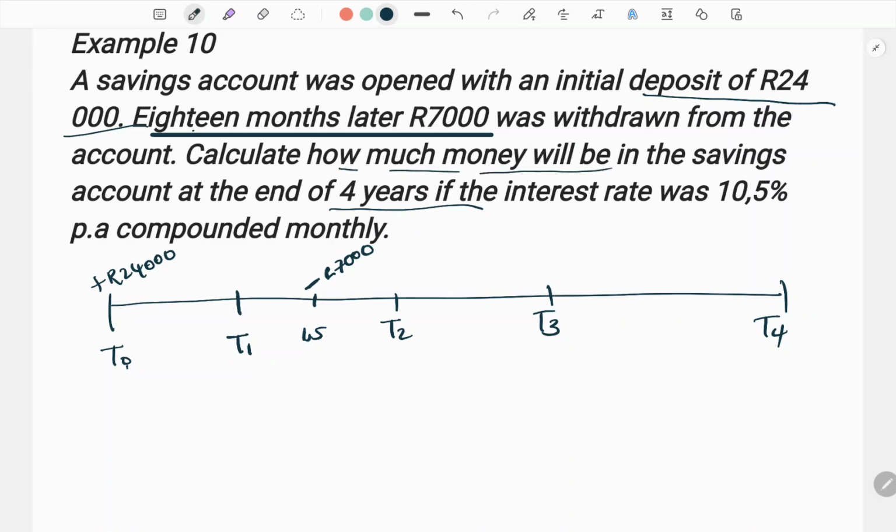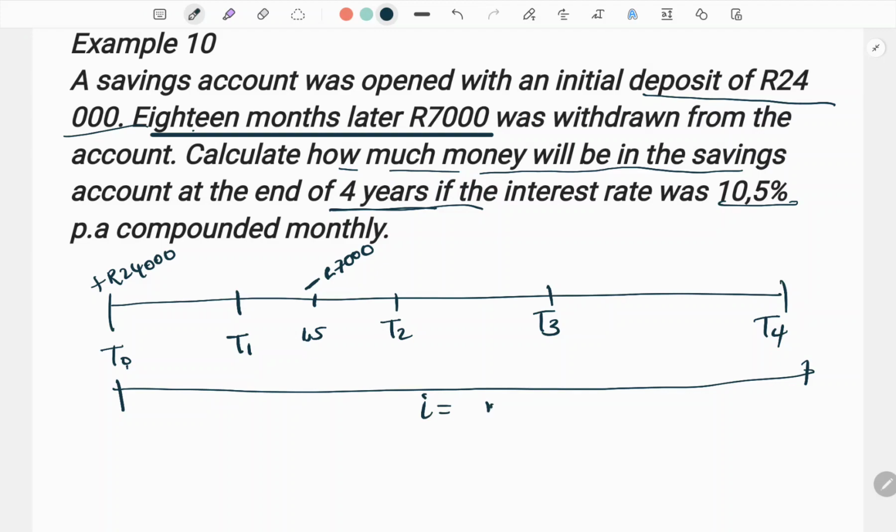Calculate how much money will be in the savings account at the end of 4 years. Interest remains the same, 10.5 over 1,200, compounded monthly. Then the period: you're going to find the answer from year 0 to that 1.5, so n is 1.5.